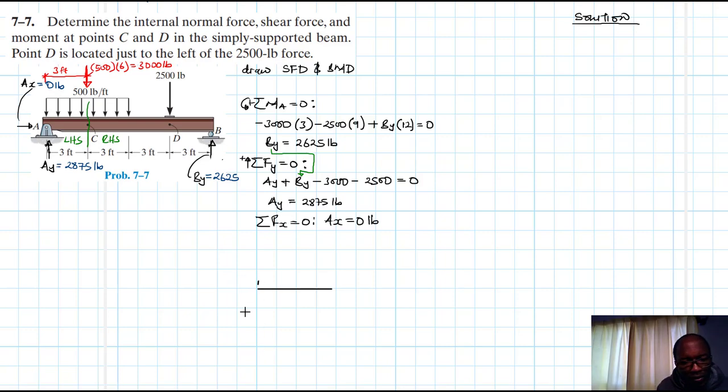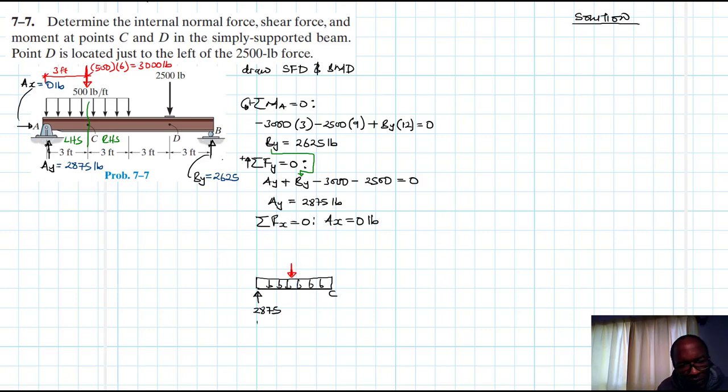We have a distributed load on top. This point here is C. Then we have a reaction there of 2875, and then we'll have an equivalent force here.